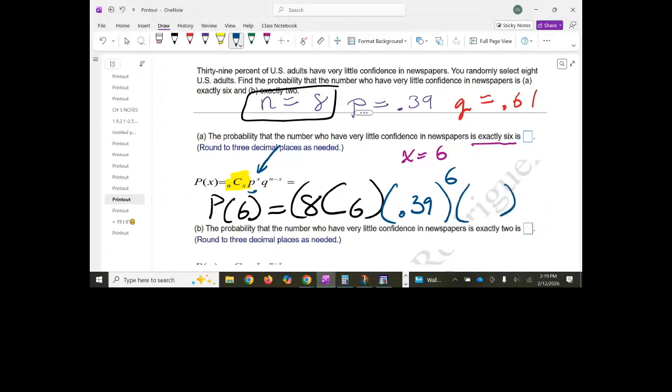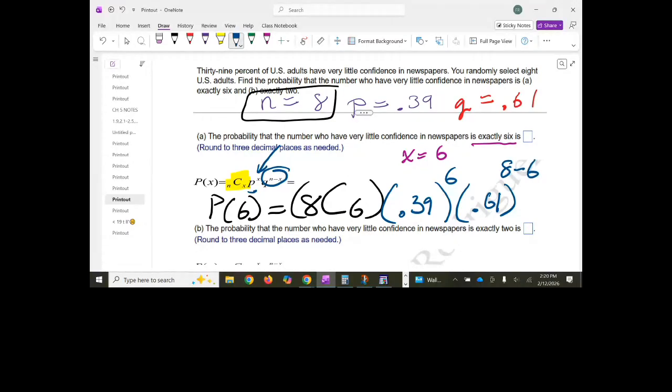Then we take the probability that they did have confidence, the q, the 0.61, and raise it to the power n minus X. n was 8, X was 6.